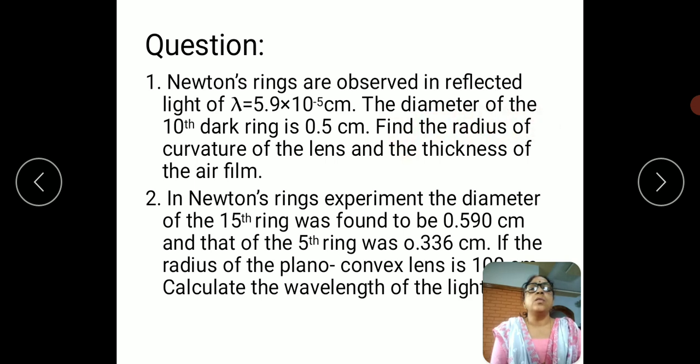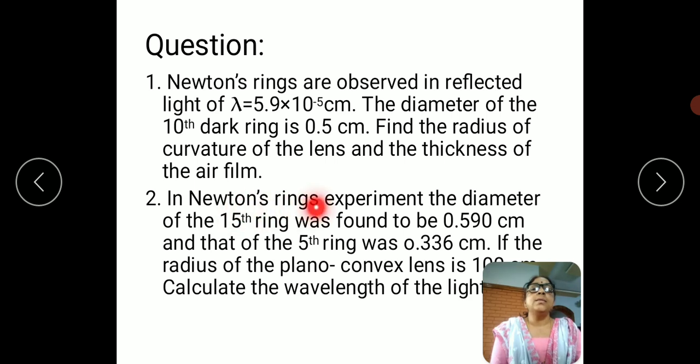Find the radius of curvature of the lens and the thickness of the air film. Here we know the diameter of the 10th dark ring and the wavelength lambda, so the radius of curvature and the thickness can be easily calculated.